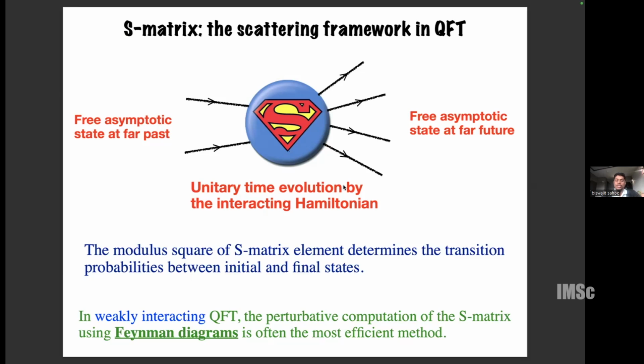The modulus square of this S matrix element determines the transition probabilities between a given initial state and some final state. And when the quantum field theory is weakly interacting, we can compute the scattering amplitude perturbatively using Feynman diagrams, and this turns out to be most often the most efficient method for weakly coupled quantum field theory.